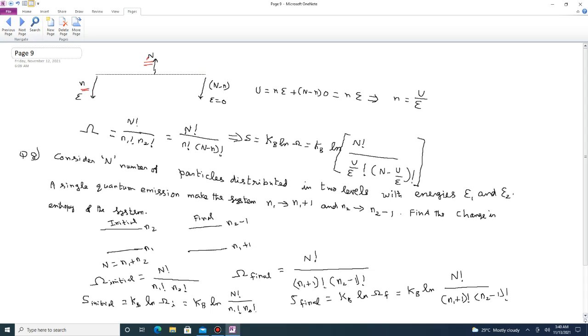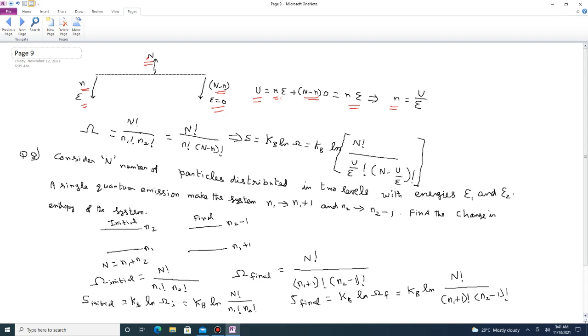There are small n particles with energy E, and since the total number is capital N, the remaining N minus n particles have energy 0, because the particles can take either 0 or E. So the total energy of the system is n particles, each with energy E, so nE, plus N minus n particles, each with energy 0, so the total energy is nE. So n is equal to capital U divided by E, where U is the internal energy of the system.